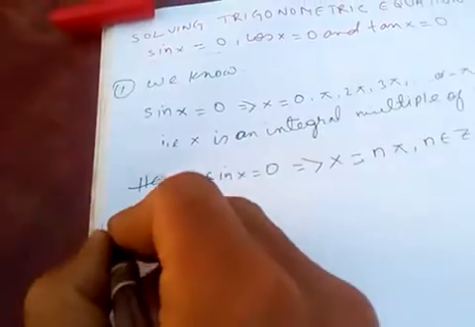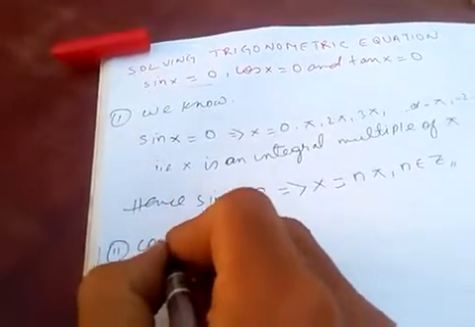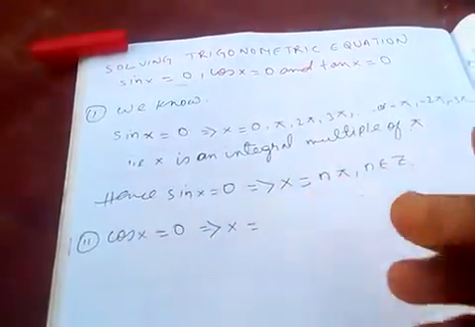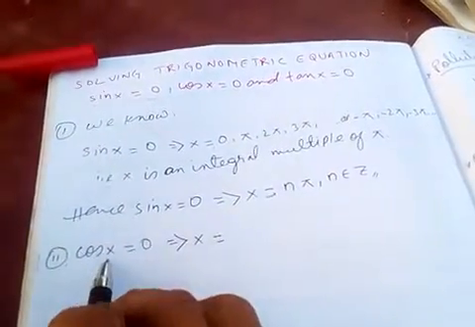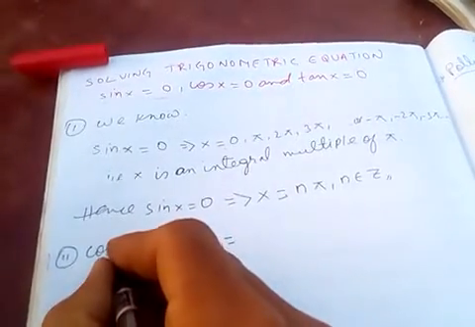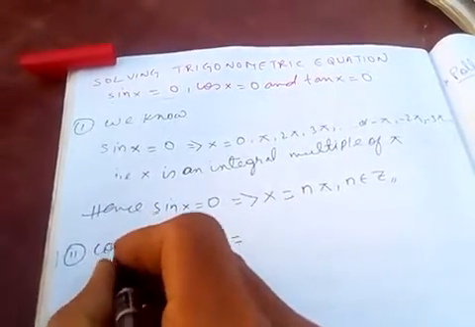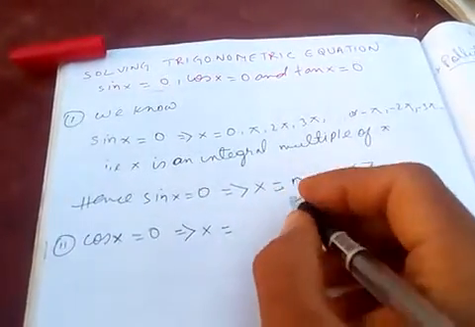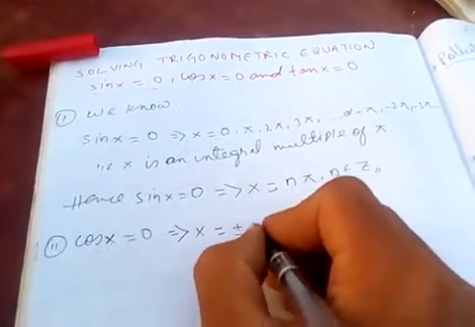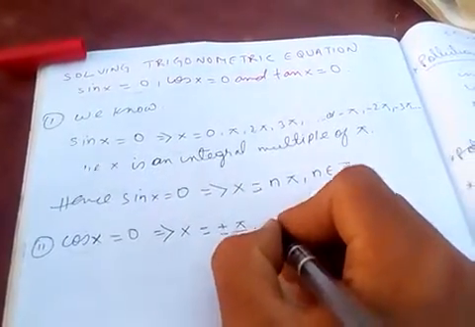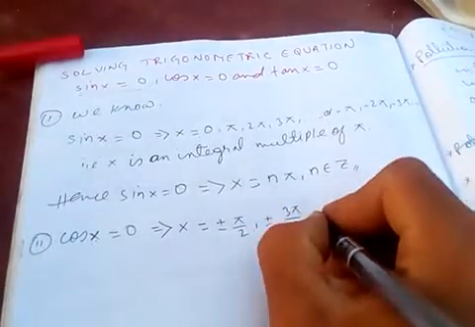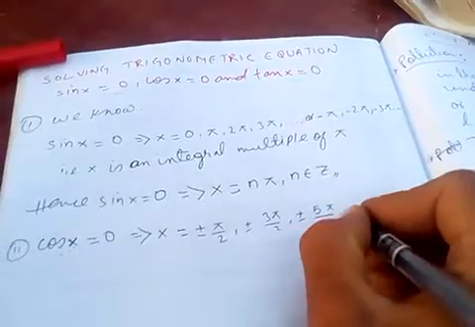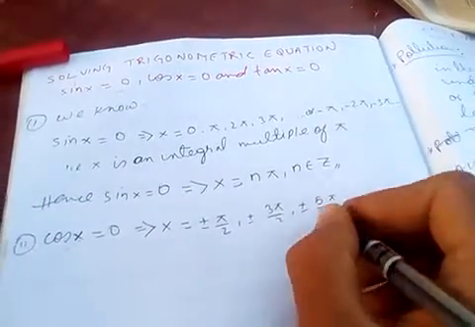And number 2, cos x equal to 0, which implies that x is equal to, the value of x so that cos of that angle should be 0, is plus minus 90 degrees, or plus minus 3 pi by 2, or plus minus, I can combine both, 5 pi by 2, and so on.